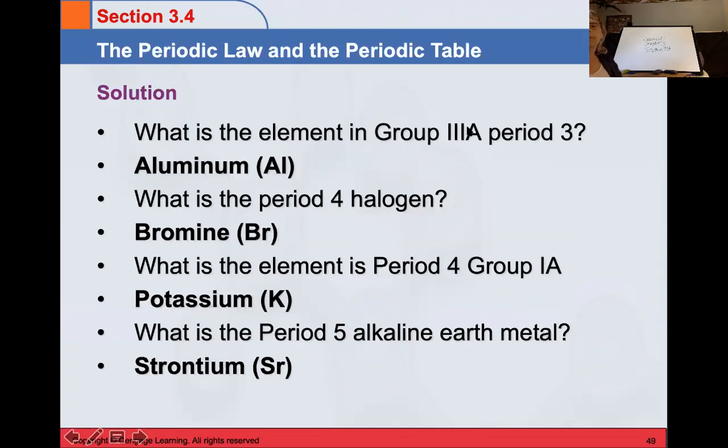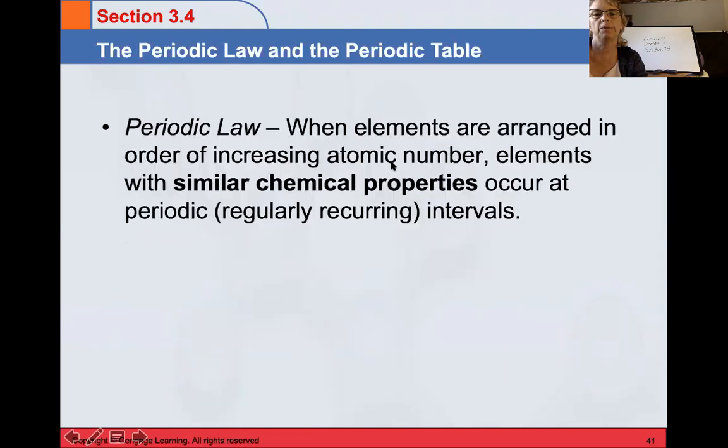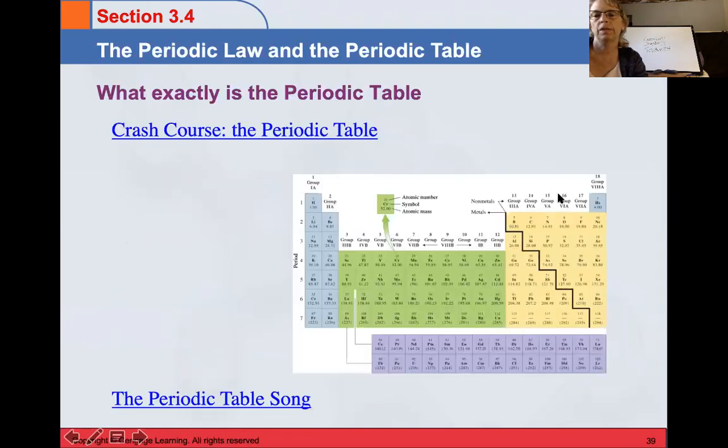So the group 3A, period 3, is aluminum. Because remember, even though there's not an element in the first period, you count that top part of the table. So even though there's not an element here, it would still be 1, 2, 3 for aluminum.